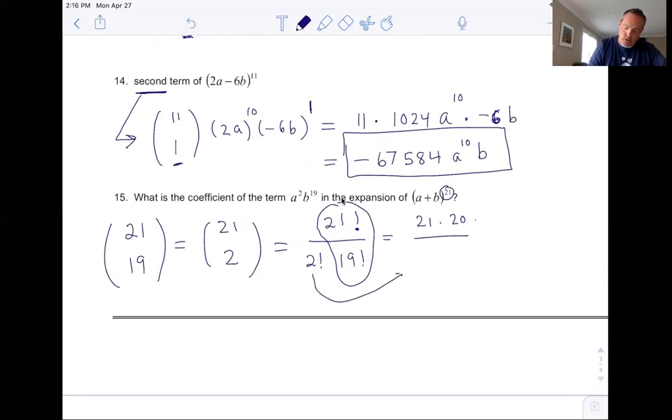And then 2 factorial is just 2. And you can actually do a little canceling, can't you? 2 and a 20, 10 times. And then if you multiply across, this is 210. So that would be the binomial coefficient for the a squared b to the 19th term.